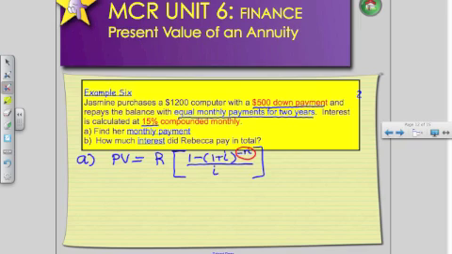The reason why this question is a little bit difficult is that we can't simply substitute the $1,200 as my present value. We have to take into consideration that she's making a $500 down payment on that day.